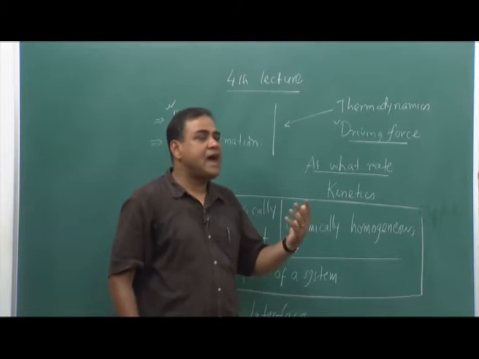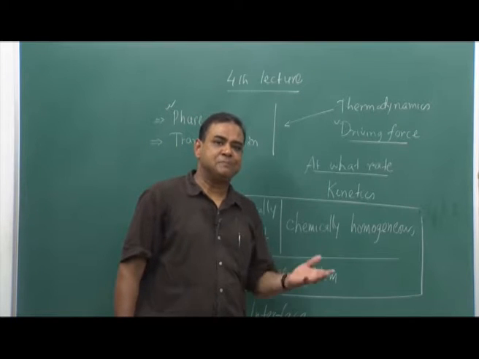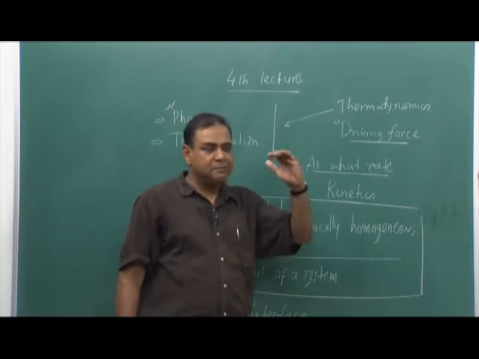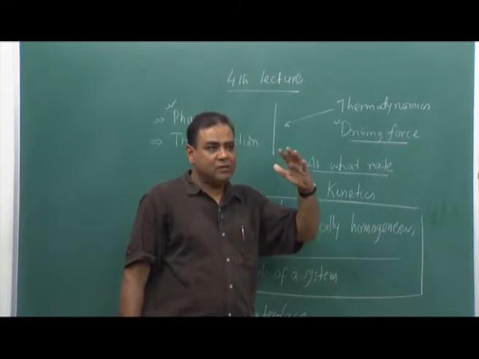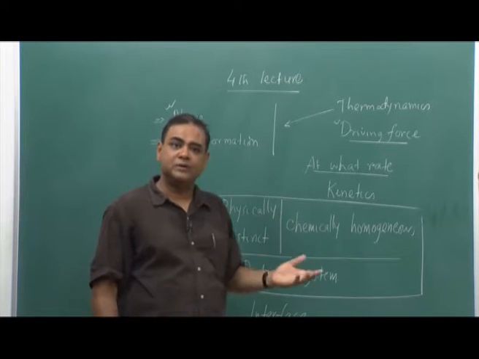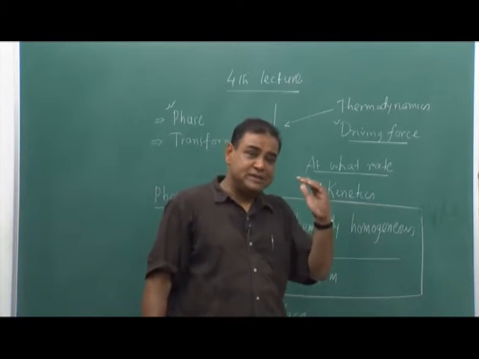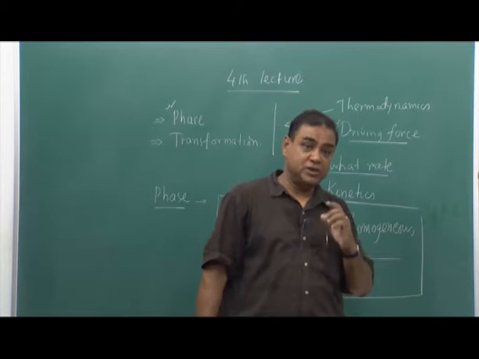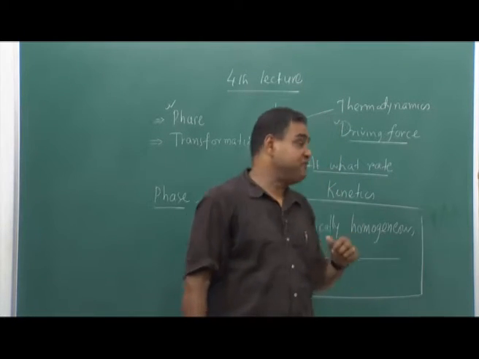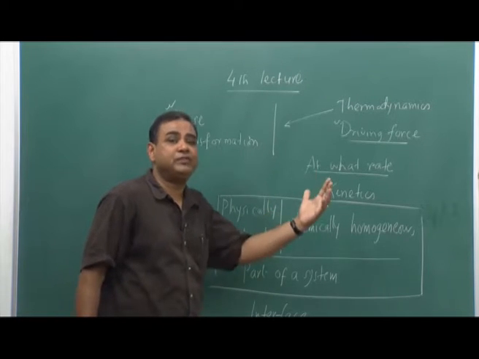Though the composition would be the same, that means the pure metal, beyond the melting point it would be liquid, below the melting point it would be solid. So, that means it has two distinct natures, though the composition is the same, but physically they are two distinct phases. So, it is a liquid phase and a solid phase.